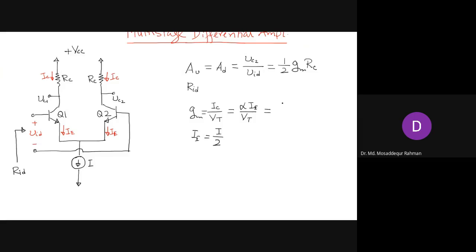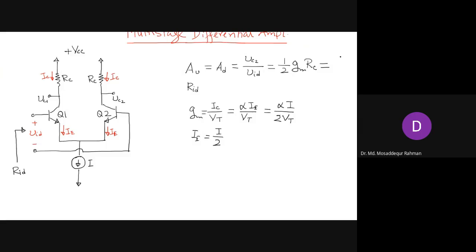So this becomes alpha I by 2 VT. That is how we can determine gm. gm depends on this current, and that will determine the gain.